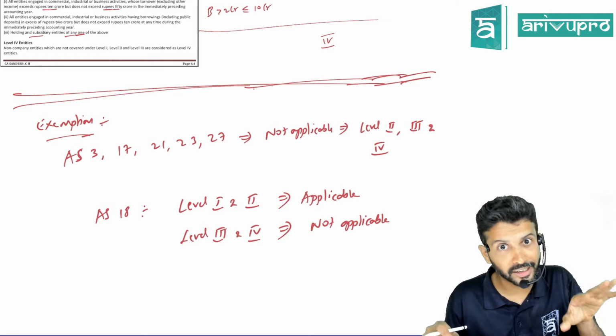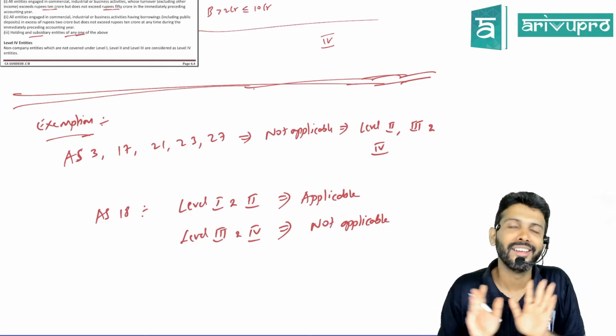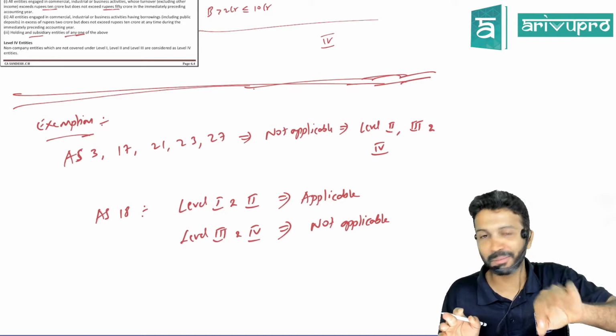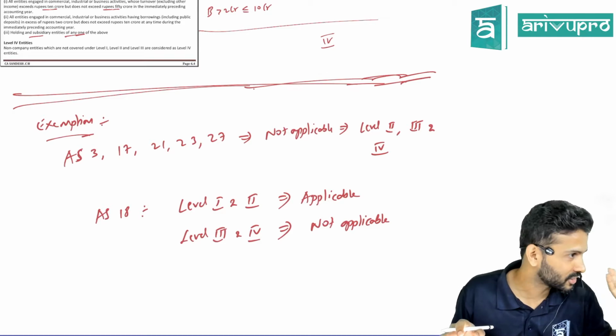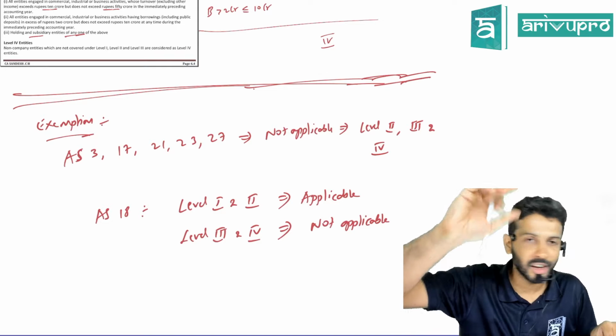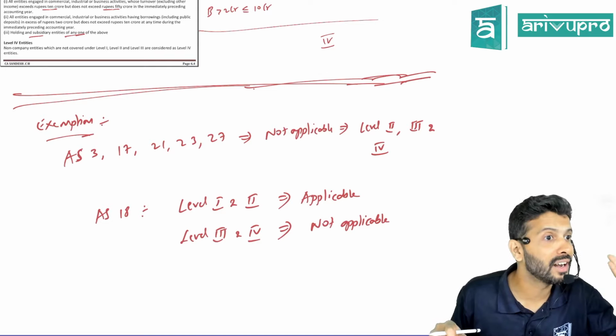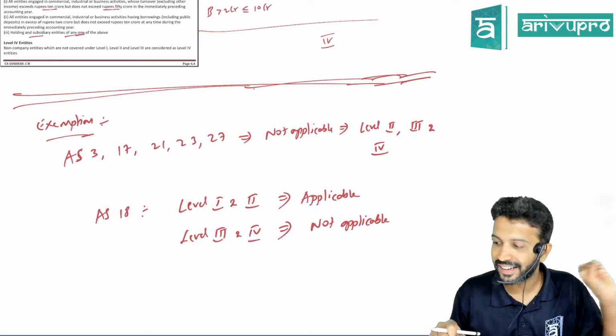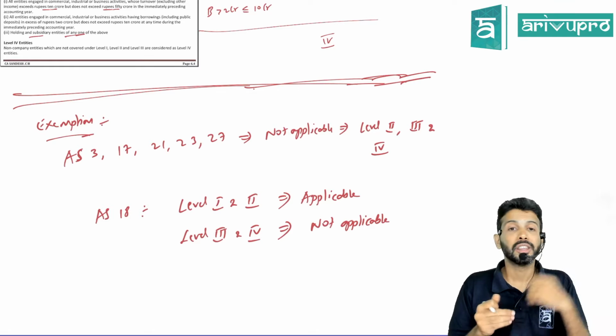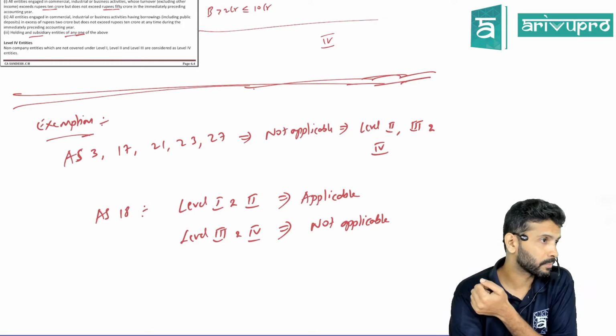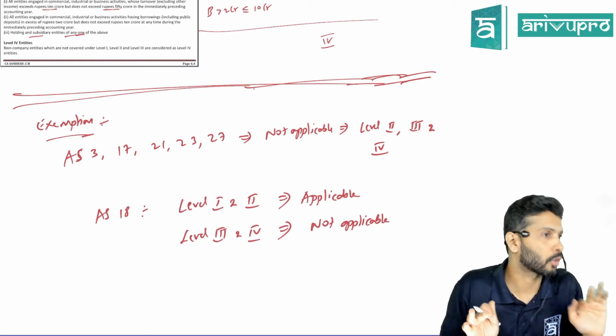People actually read, I don't know about BCom, I don't want to comment, okay? But in the actual CA paper, people read and award the marks. Based on the length of the solution, people will not give marks. Obviously, if you're writing the same thing, people will get to know and it irritates them. And sometimes the marks are based on the invigilator, especially if you have done half correct, half wrong.